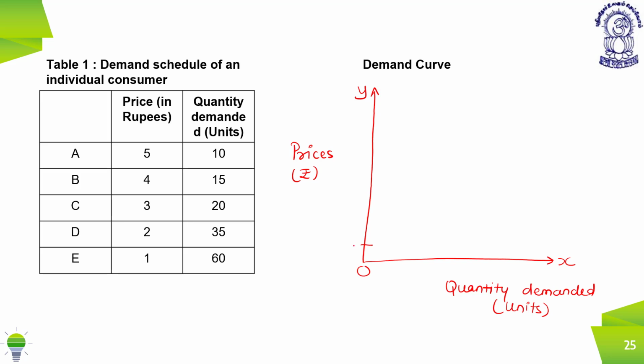So at 1 rupee we have 60, at 2 rupees we have 35, at 3 we have 20, at 4 we have 15, and at 5 we have 10.